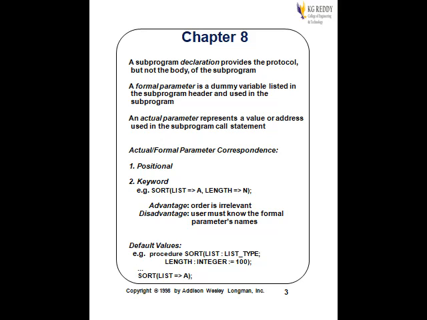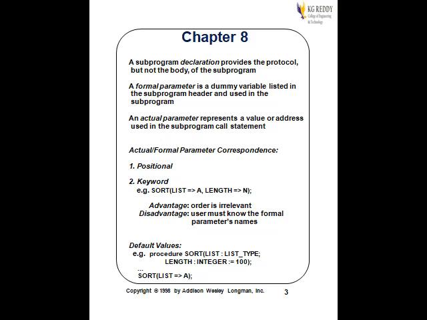That is one case, and in the other case the parameters are called as keyword parameters. Like we can see the example here. Here we will be mentioning list is assigned to a, and length is assigned to n. Okay, so here the advantage is order is irrelevant.